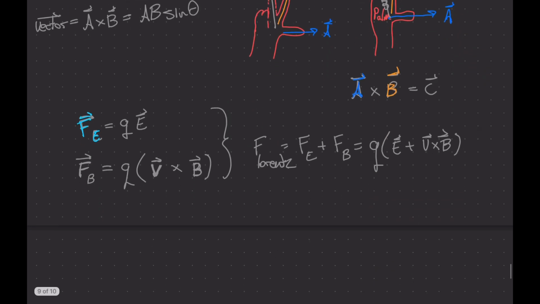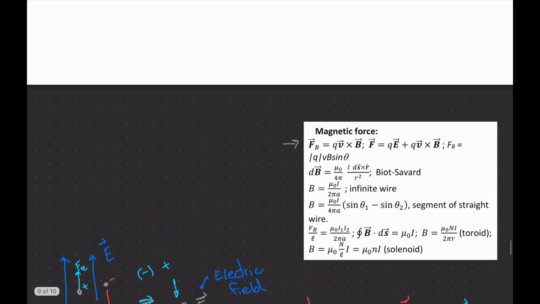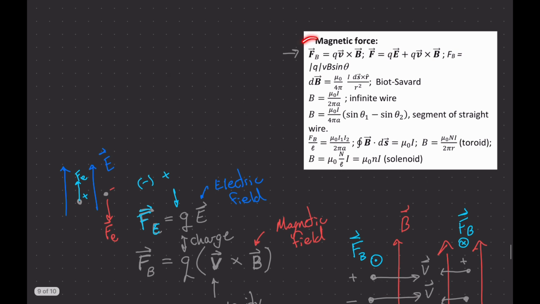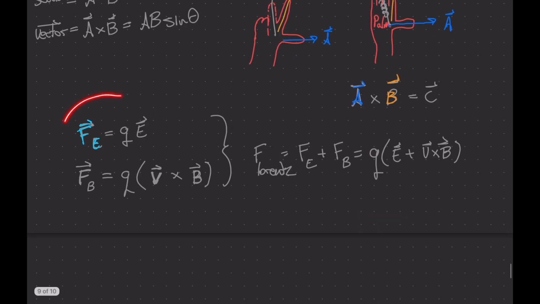So now that we have that, let's take a look at this secondary equation. Remember that what we went through was this equation over here, and now let's take a look at this second equation. If you remember the Fe, force due to an electric field, we have Q times E. And now we've learned this one for the magnetic field, which is a little more complicated.